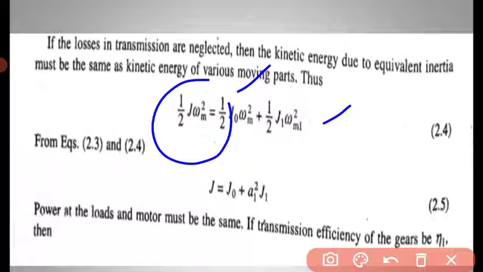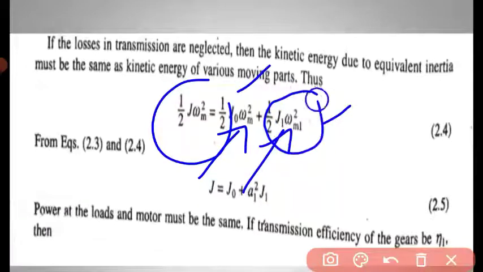One motor extended this shaft and directly coupled, motor speed is omega m, and the moment of inertia is J naught. Through the gear reduction system, the other speed is omega m1, and J1 is the moment of inertia of this system.